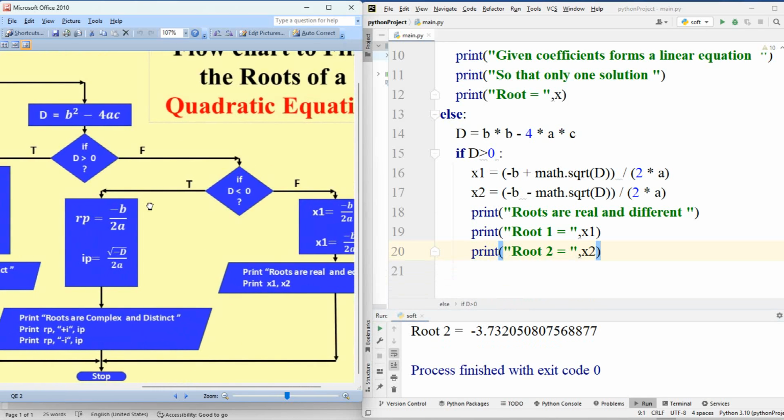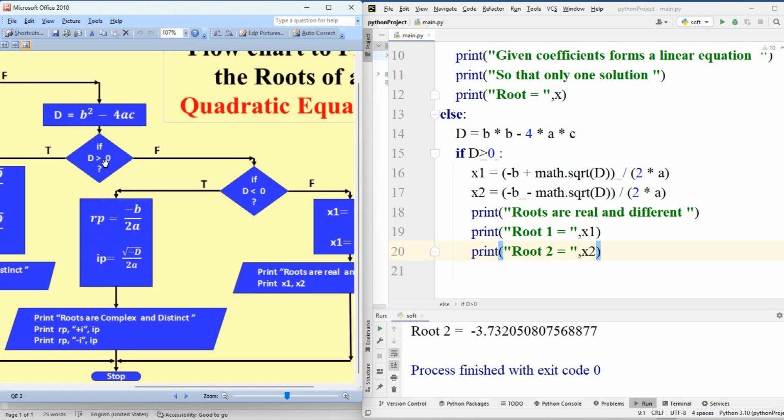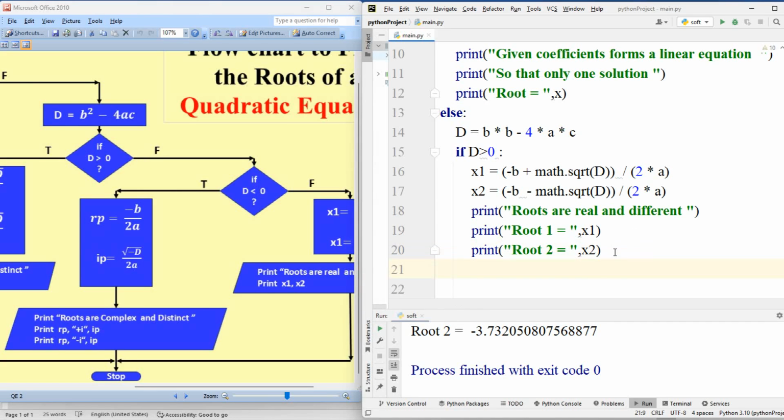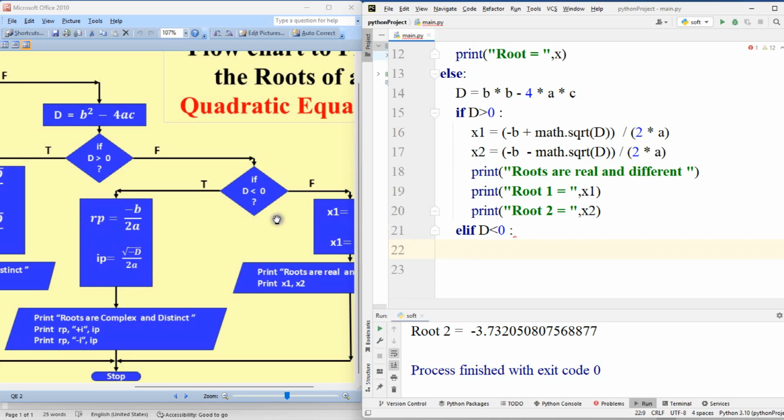If d greater than 0 is false, then what? Once again we have to check another condition using an elif statement. D less than 0: when this condition is true, if d value is less than 0, then we have to calculate Rp and Ip values. Rp is equal to this one, Ip is equal to this one.